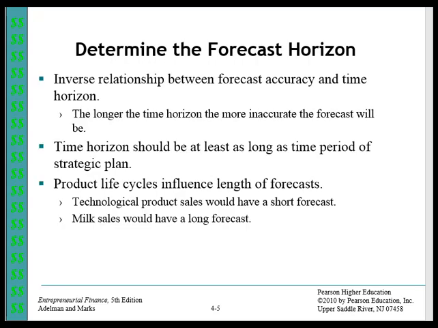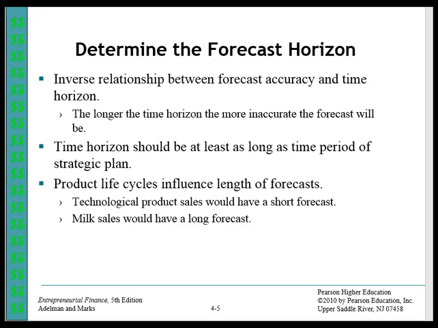So to determine the forecasting horizon, we need to ask some very basic questions. The horizon has an inverse relationship to accuracy. The more accurate you need to be, the shorter the time horizon must be. In other words, the longer the time horizon, the more likely it is that your forecast is going to have error in it. The time horizon has to be at least as long as your strategic plan.